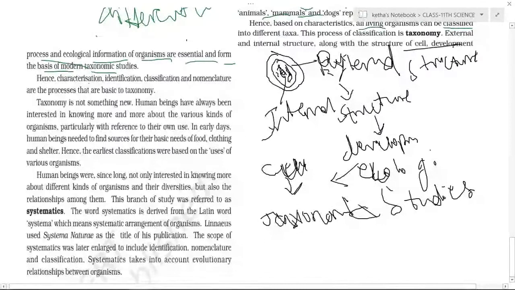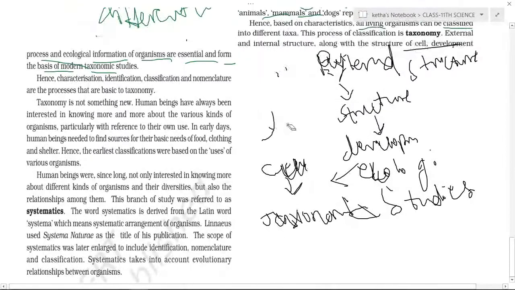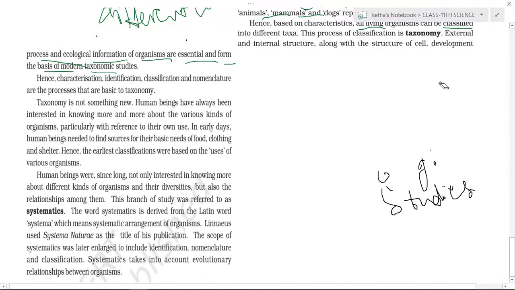Hence, characterization, identification, classification, and nomenclature are the processes that are basic to taxonomy.